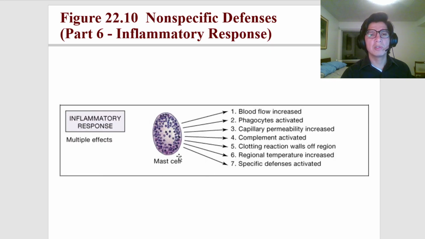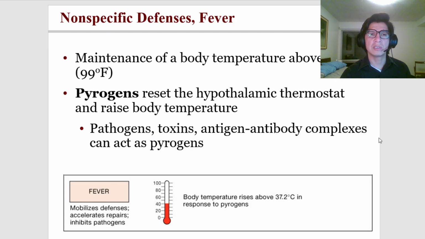The inflammatory response is mediated by mast cells releasing interleukins, cytokines, and so forth. The end result is increased blood flow, activated phagocytes, and increased capillary permeability. This allows white blood cells to migrate from the lumen of blood vessels into the site of injury.